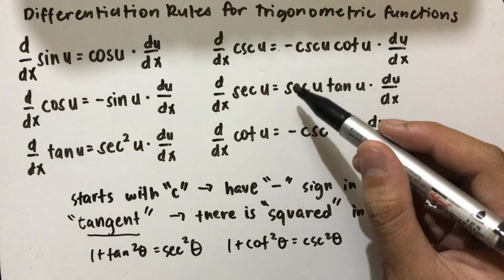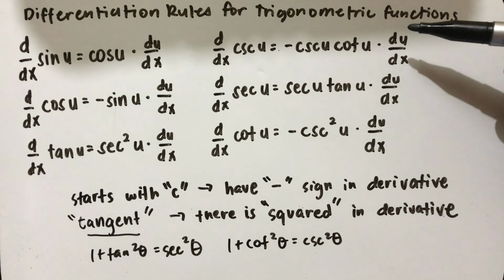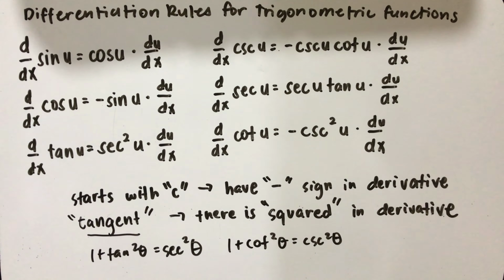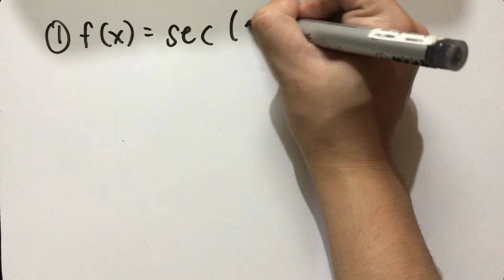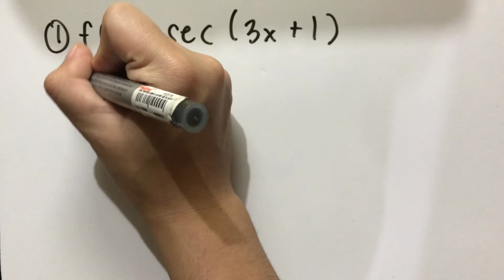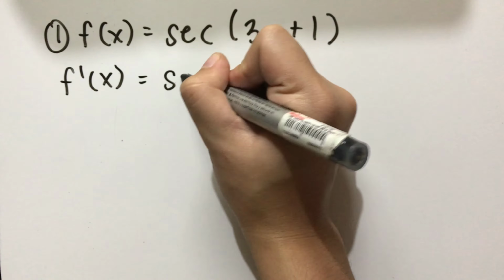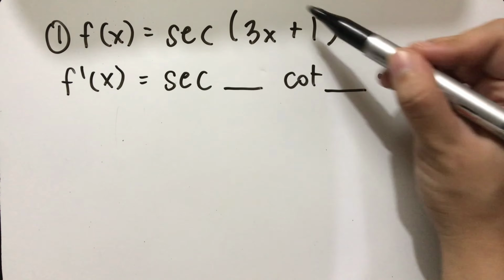Last reminder is don't forget to multiply by the derivative of the angle. For number 1, f of x is equal to secant of the quantity 3x plus 1. Then we find the derivative of secant, which is f prime of x is equal to secant times tangent times the derivative of the angle, which is represented by du over dx.